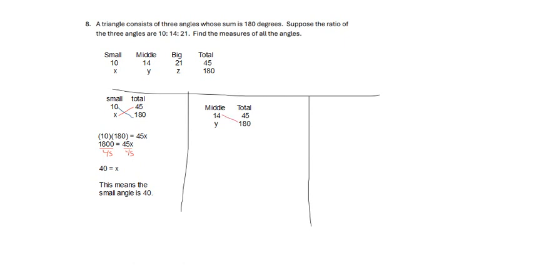So 14 times 180 and Y times 45. Let's see what we get. So 14 times 180 equals 45 times Y. 14 times 180, let me double check that, make sure. That is 2,520.